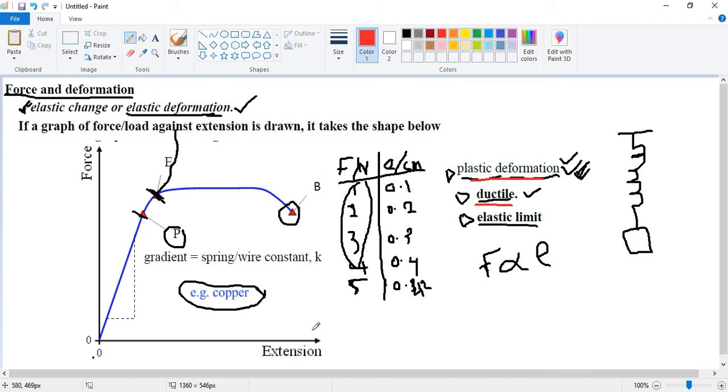Sometimes they make jewelry out of copper and then gold coat it, and they sell it to you expensively and you think it is even gold, yet it is just copper which is gold coated. So such materials can easily be molded into any shape because they undergo both plastic deformation and elastic deformation before they break.